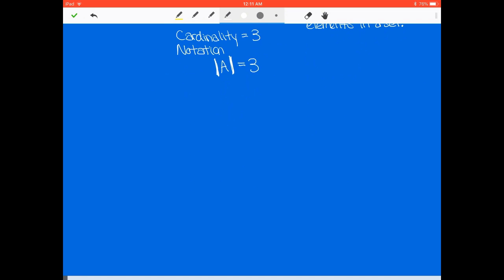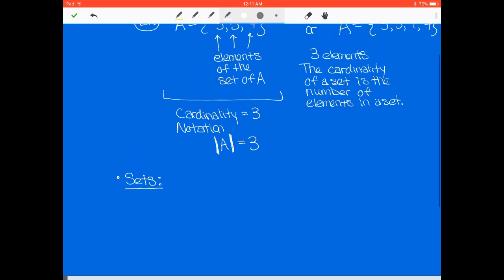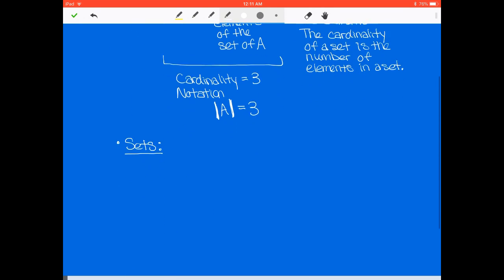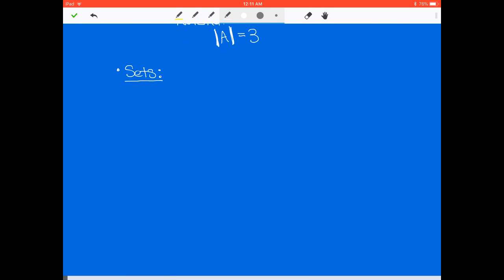All right, so let's look at sets. Now you saw above, a set is a collection of items called elements. Sets are written with braces.